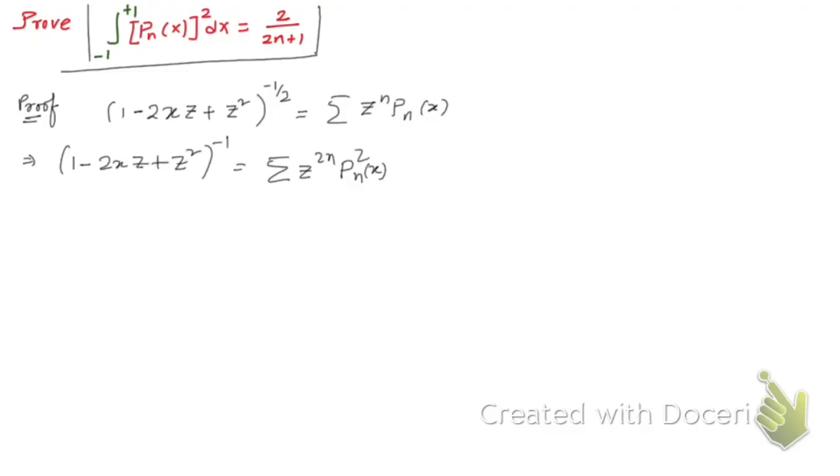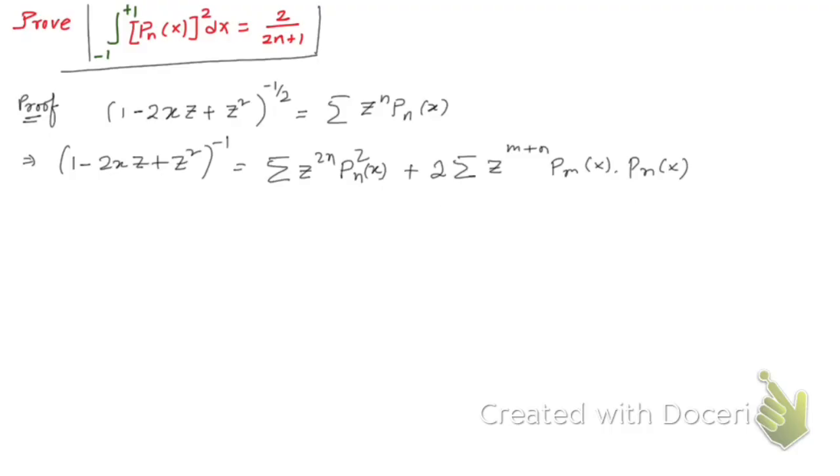It will include one more term, that is 2 times the summation of z to the power m plus n Pm of x into Pn of x. Let me explain why this term should be written.